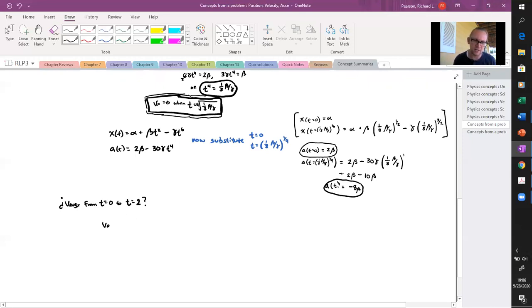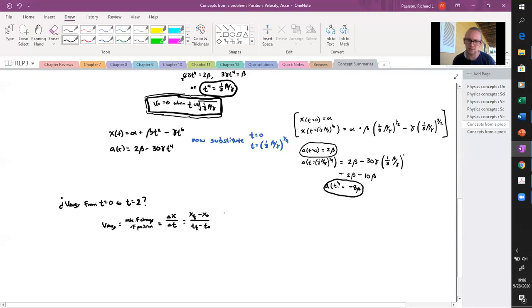Our average velocity is the rate of change of position, which is our change in x over our change in time. Okay, which means that we are going to look at some final position of x minus some initial position of x, from some final time minus some initial time.